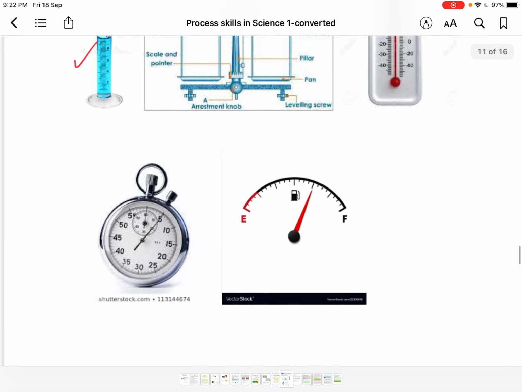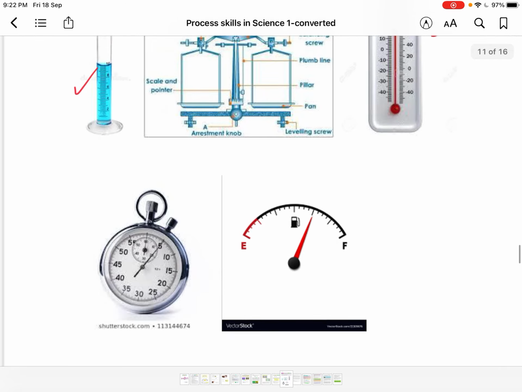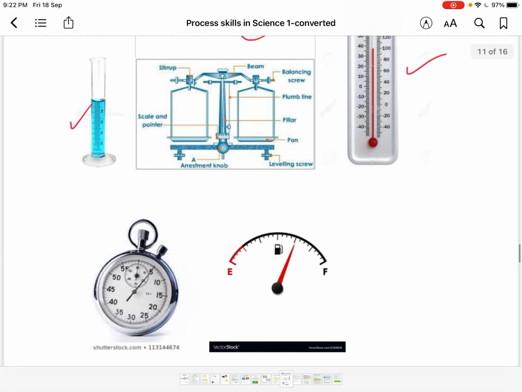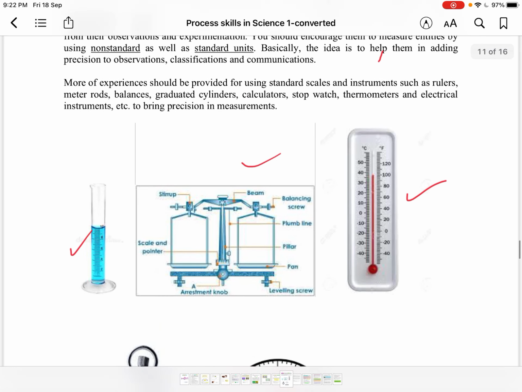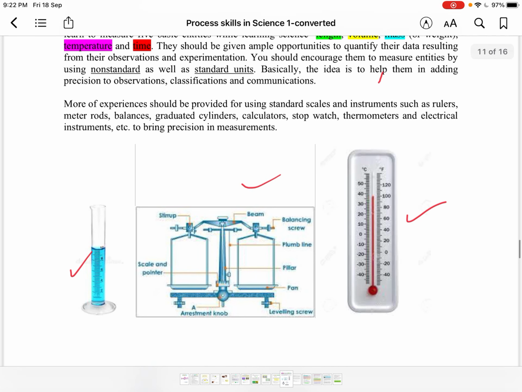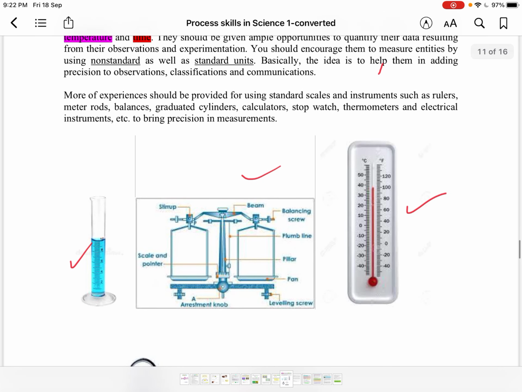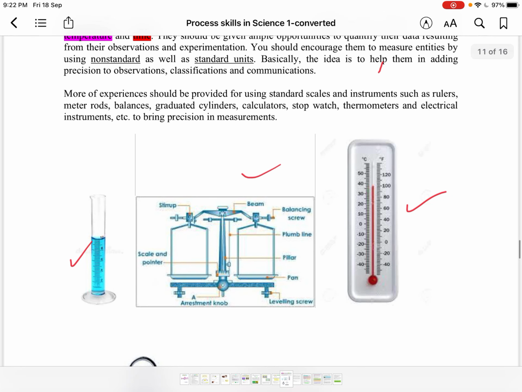And a stopwatch also can be utilized to exactly record the time factor. And this is a Gauss meter. This also we can utilize in performing some experiments. So we can ask our students to make use of different types of standard scale instruments, provided in the school.